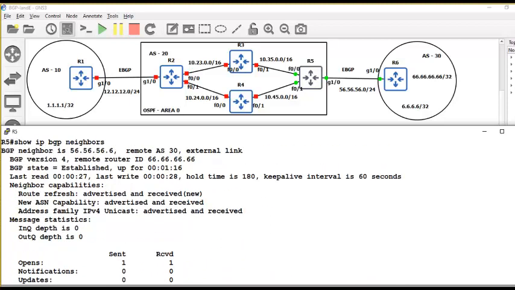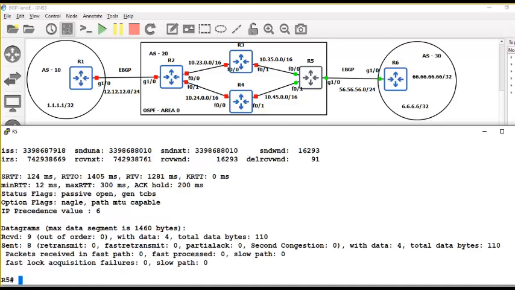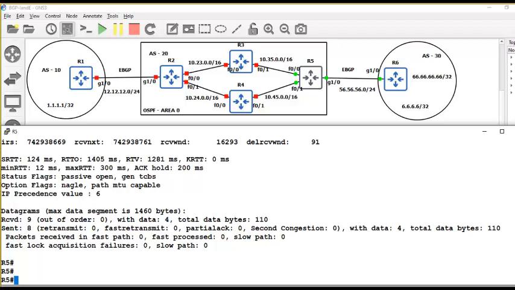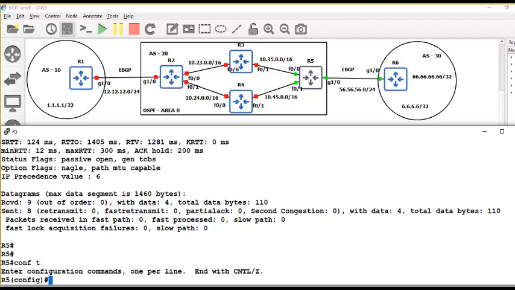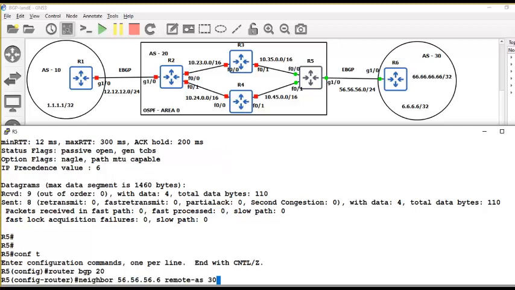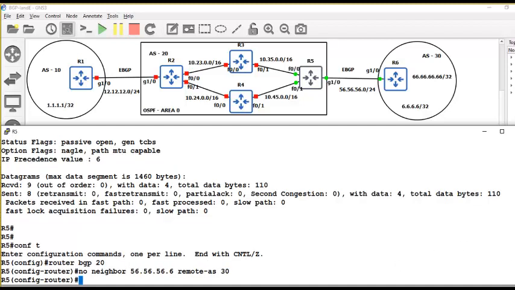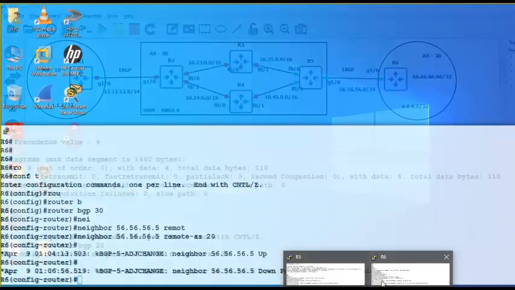Now I'm going to change it by removing the neighbor. I remove the neighbor. The physical interface address is no more the neighbor's address.